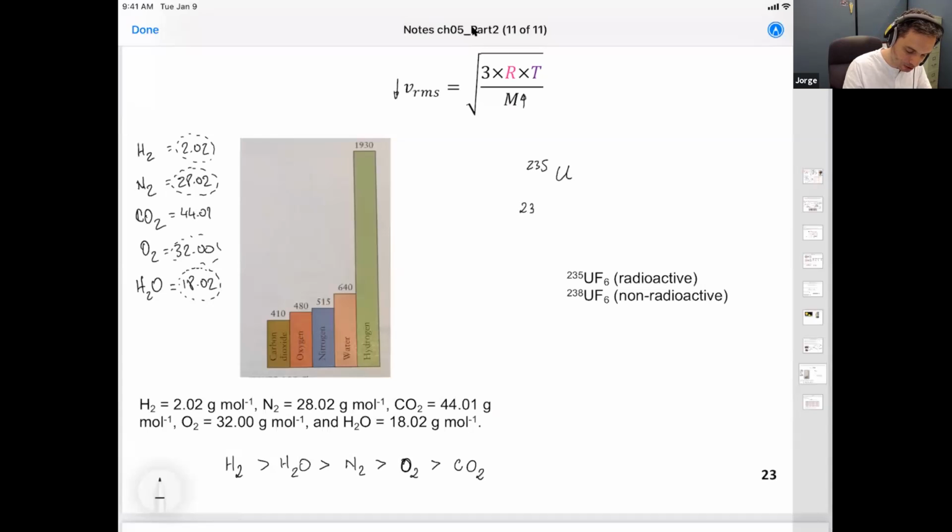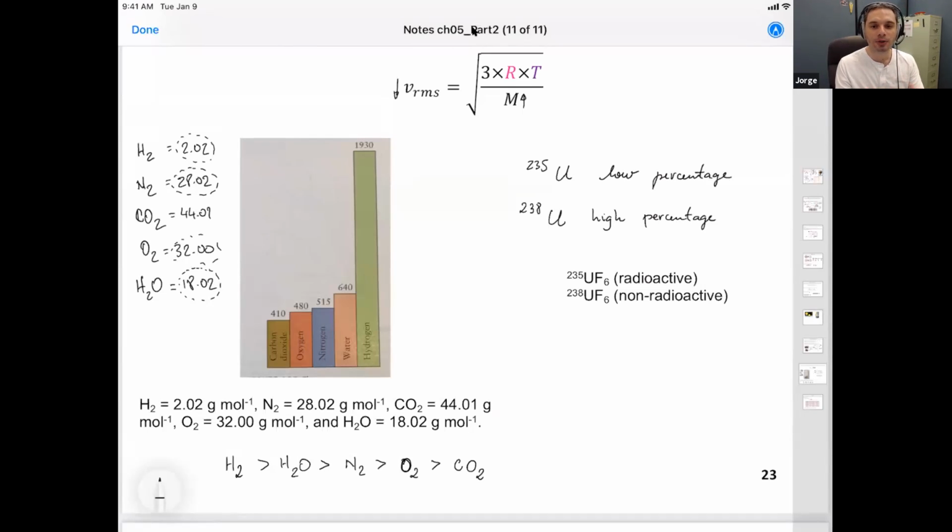And the other isotope that's useless is the uranium with mass 238. And of course, the 238 is high percentage and the 235 is low percentage. Okay.